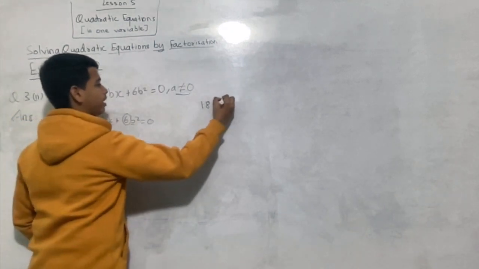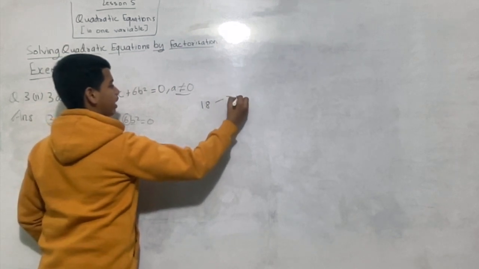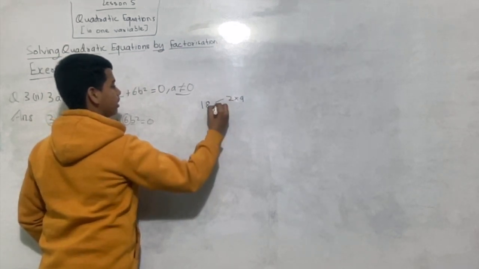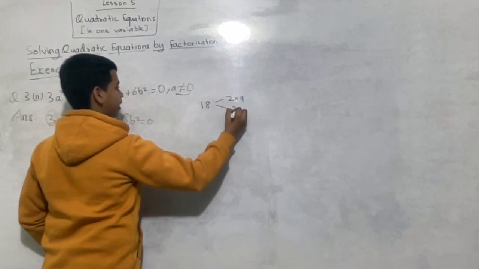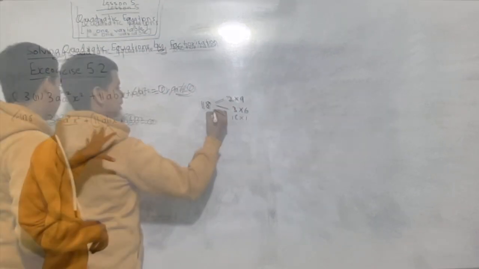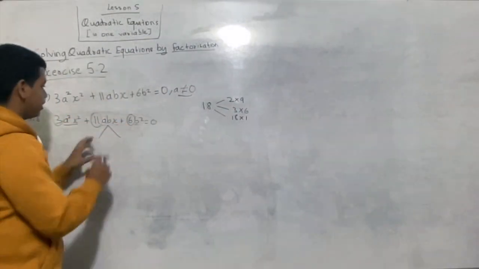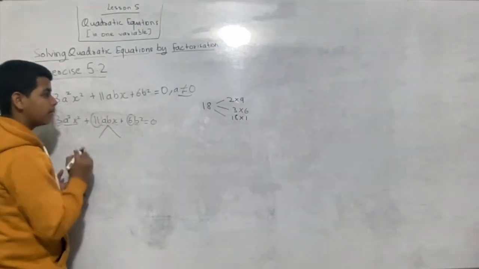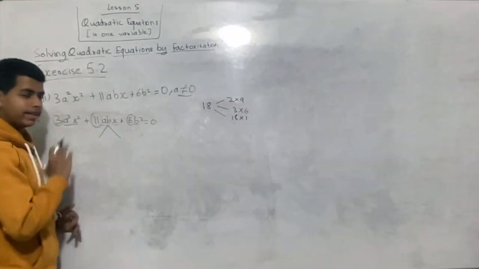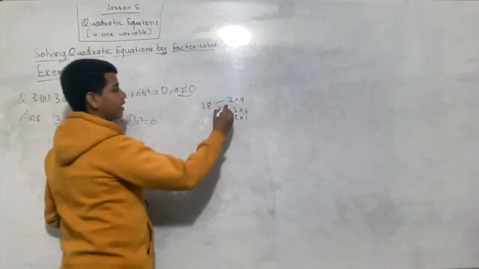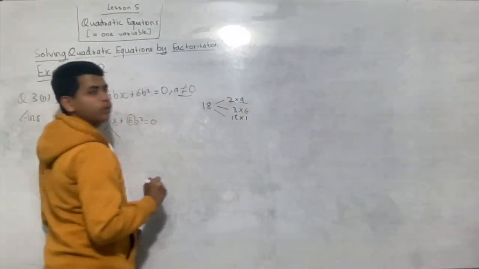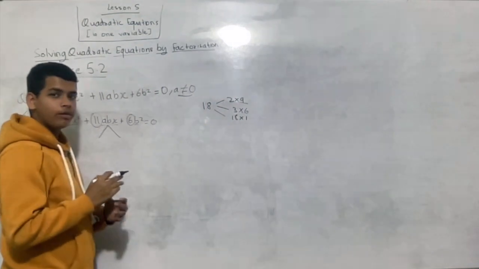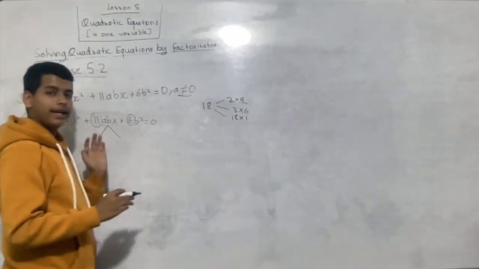What are the factors of 18? Let's start with 2. 2 times 9 is 18. And then what else? 3 times 6 is 18. What we are supposed to get is, when we split this 11 into two such numbers, that we should get 18. Here you can easily see that 9 and 2 make 18, and also when we add 9 and 2 we get 11.